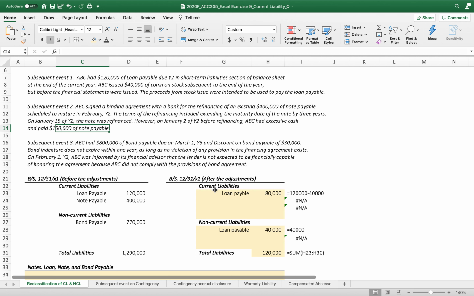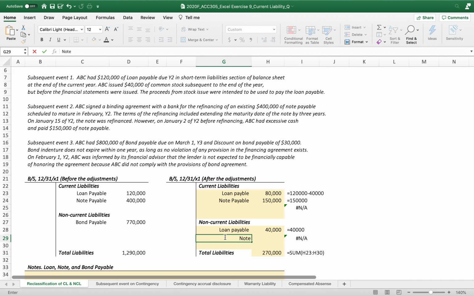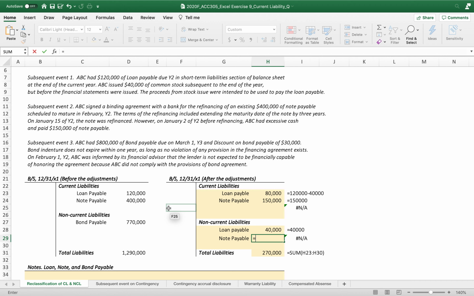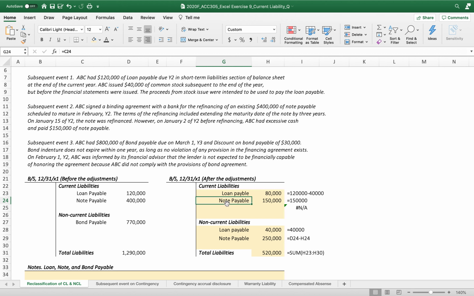The rest of the amount is going to be refinanced: $400,000 minus $150,000, so $250,000 should be reclassified as non-current liability.